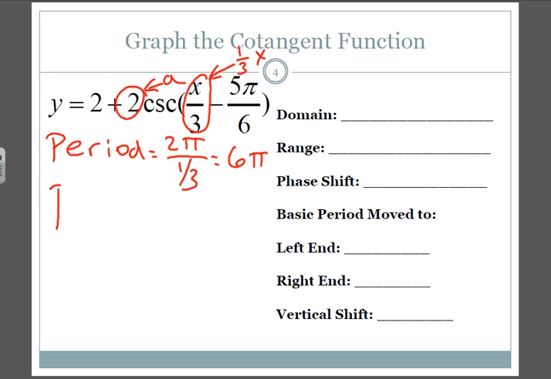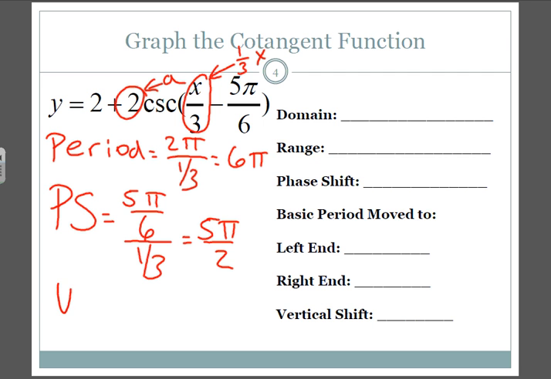Your phase shift is equal to c, which is 5 pi over 6, divided by your b, which is 1/3. You put that in your calculator and you get 5 pi over 2.